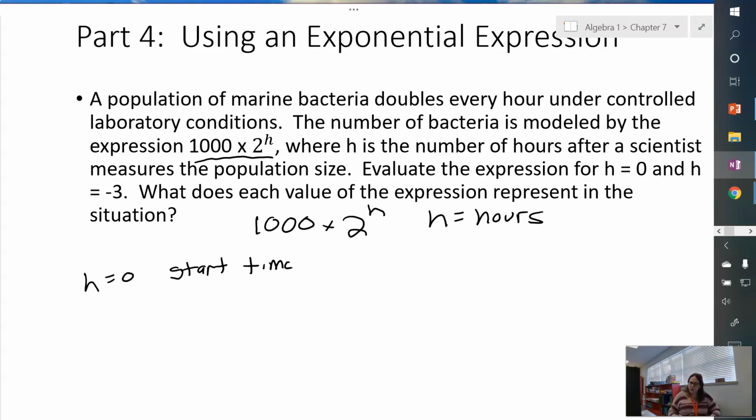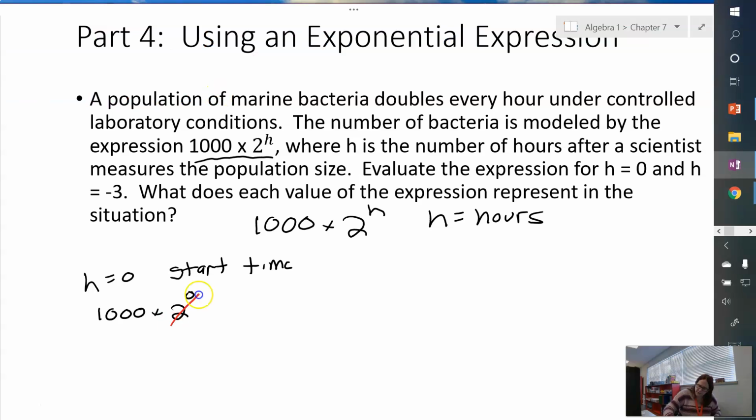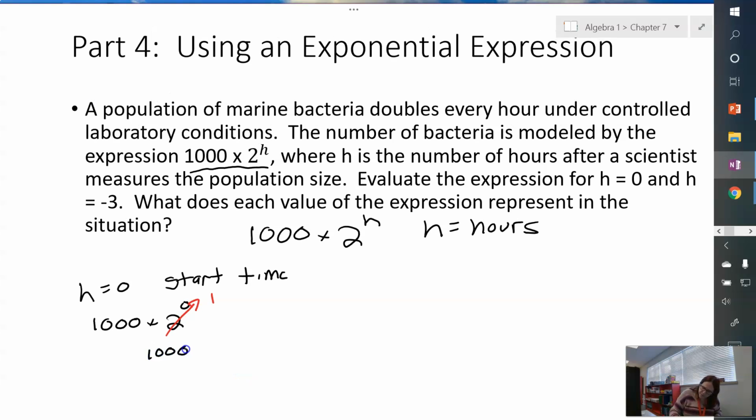Now put in a 0 for the h. So 1,000 times 2 to the 0. Well, that 2 to the 0 goes to 1, because anything to the 0 equals 1. So I get 1,000. So this means that my population is starting with 1,000 bacteria.